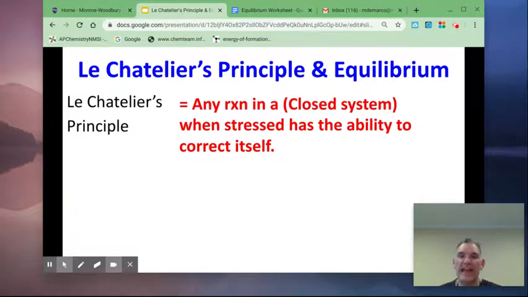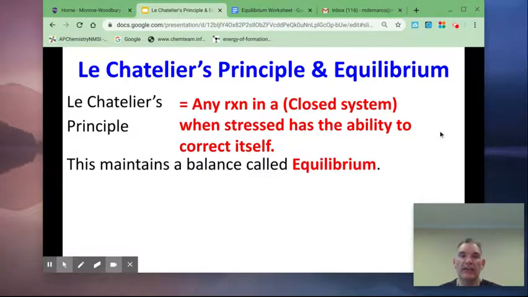When a reaction is in a closed system, you're going to have a balance being maintained, which is called equilibrium. We can tell a reaction is at this important point by examining the reaction arrows. Most of the time in questions, the arrow is one arrow pointing in one direction and one in the opposite direction right below it, equal in length.